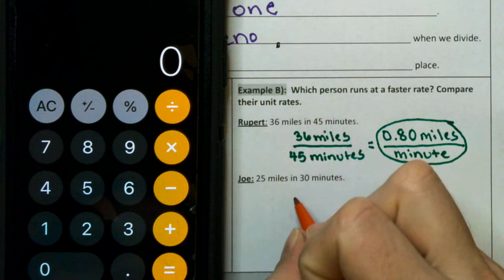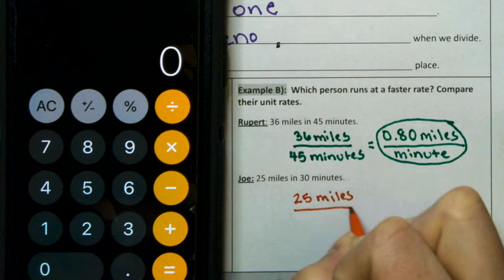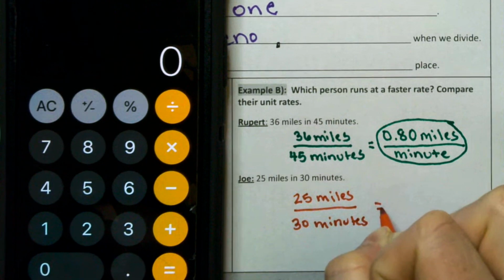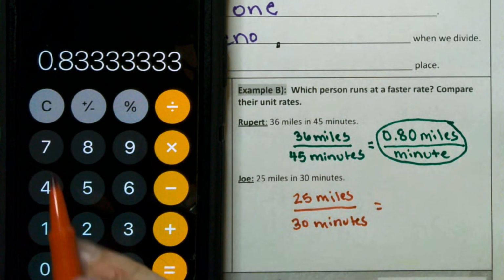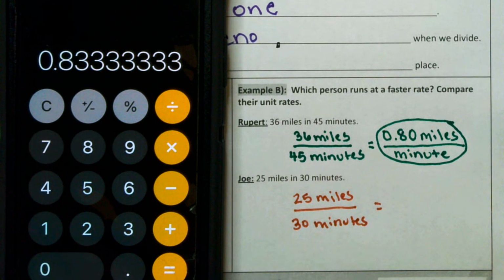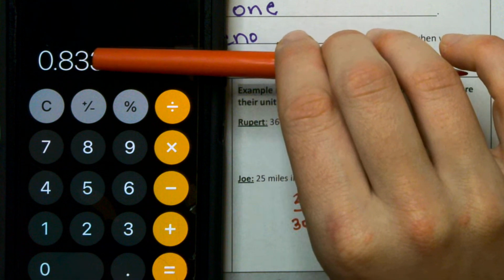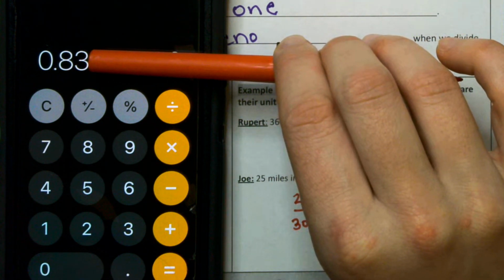Joe ran 25 miles in 30 minutes. 25 divided by 30 is 0.833333. So remember, this is either going to stay 0.83 or it'll go up 1 to 0.84.